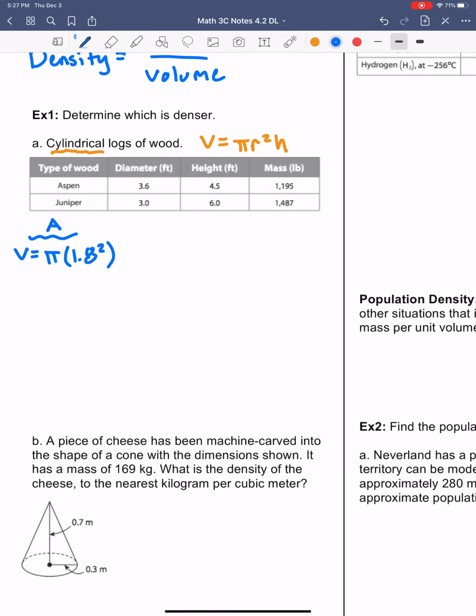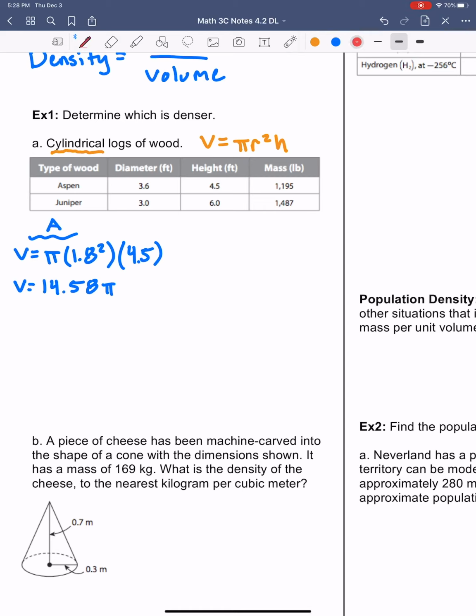And we're going to square that because it's r squared, and then times the height, which is 4.5. All right, so 1.8 squared, and then I multiply it by 4.5, and I get a volume of 14.58, and I'll leave it in terms of pi, 14.58 pi for the volume.